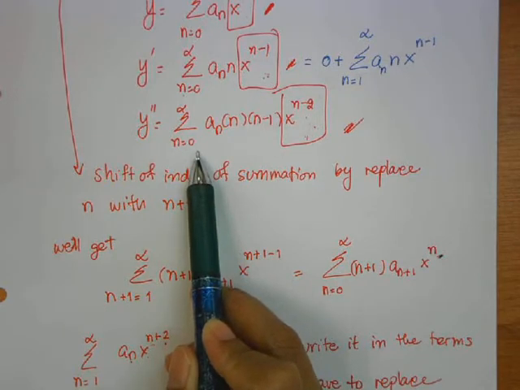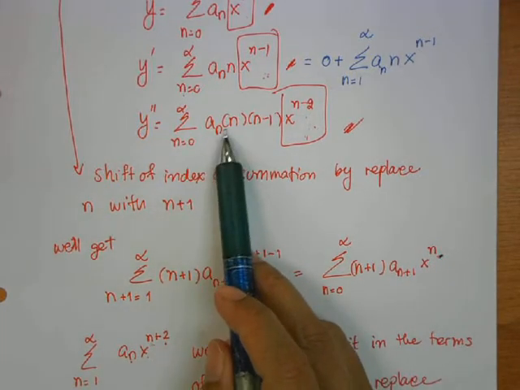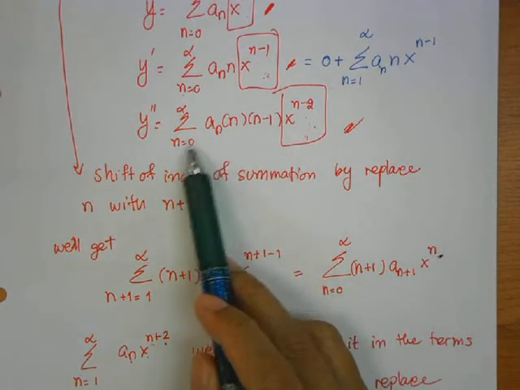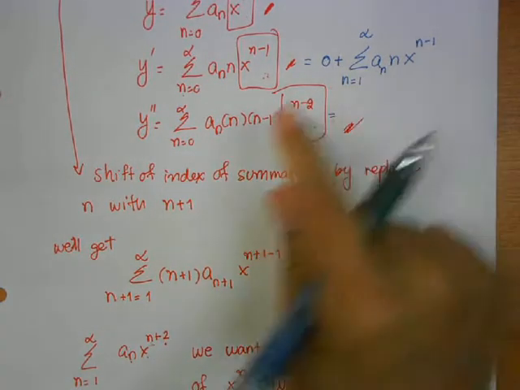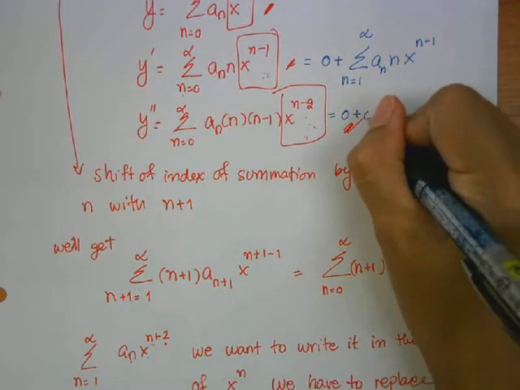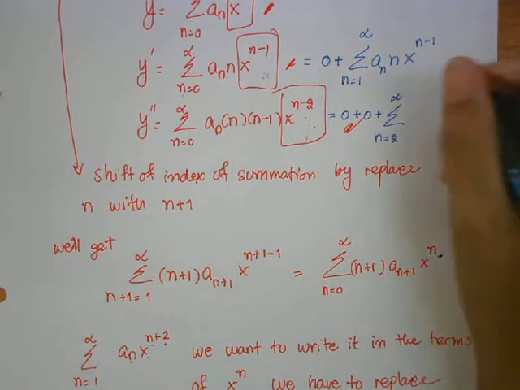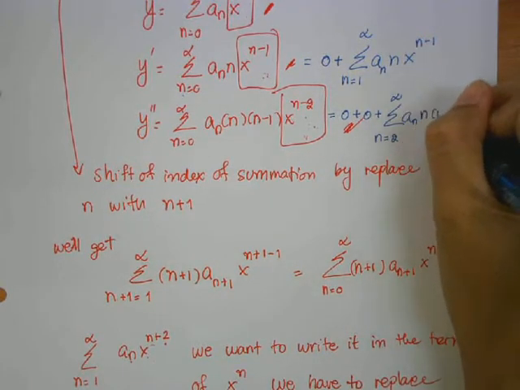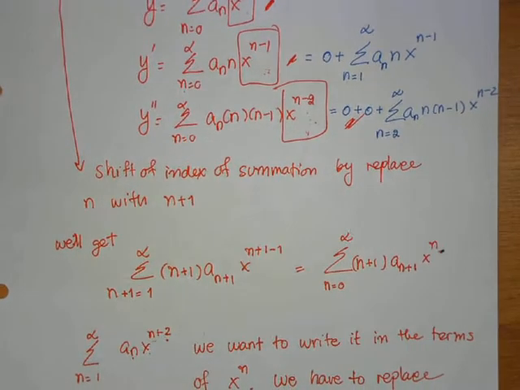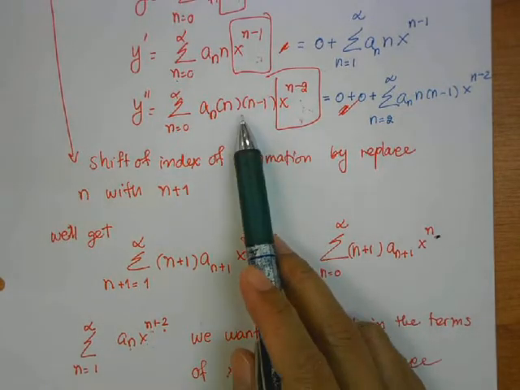So what we do is plug in n equal to 0, we get 0, and n equal to 1, we get 0. The rest of the terms are n starting from 2 until infinity. That wouldn't change anything because the meaning of this and that is the same.